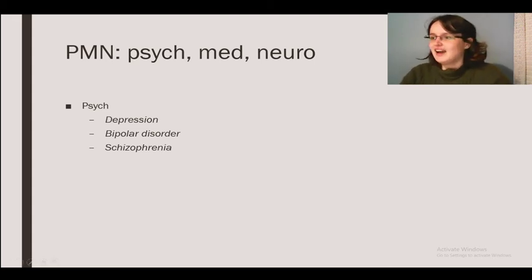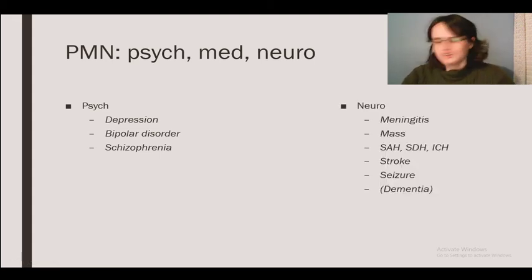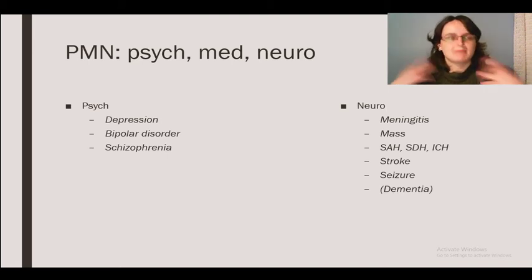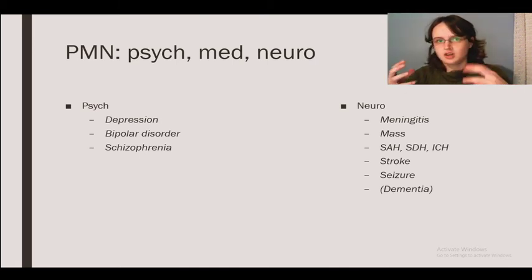Anyway, neuro causes, conveniently most of them start with M and S. I thought that was a bit cute. So you're looking at your infectious causes, which is meningitis, but also really encephalitis. So a patient can come in with meningitis and just have the meningism from the inflammation of the leptomeninges. But if they've got a disturbance of consciousness or cognition, you'd be worried that they have a meningoencephalitis, so they've got involvement of the brain parenchyma as well.